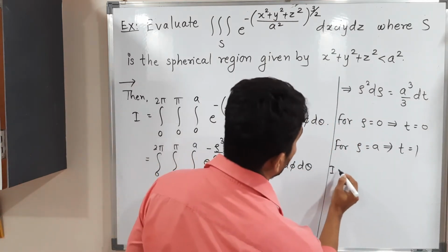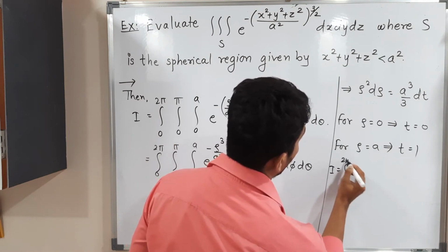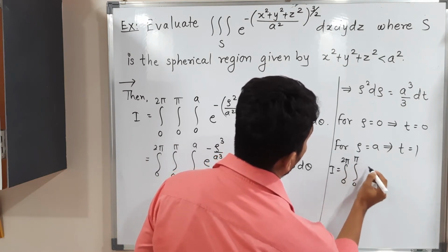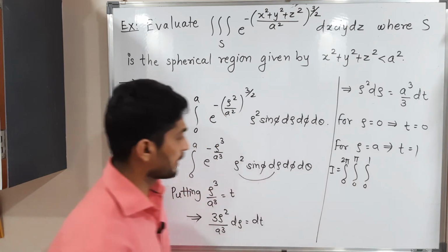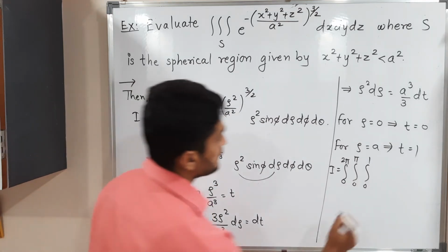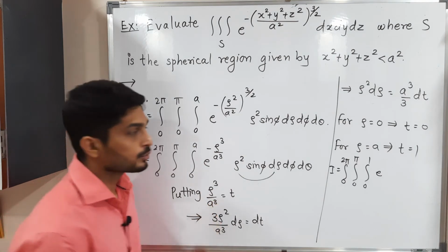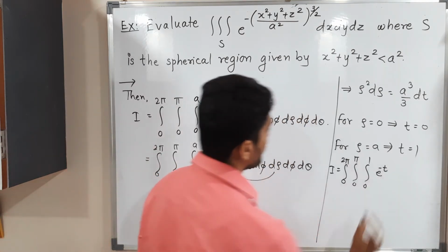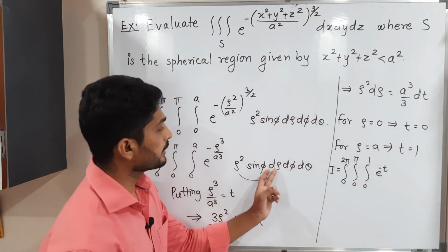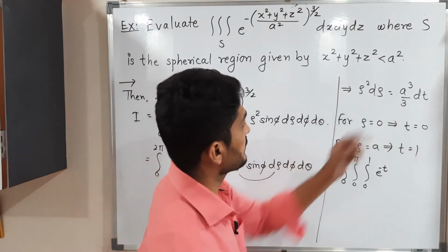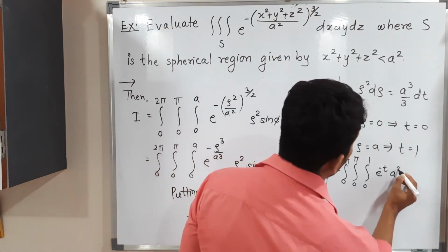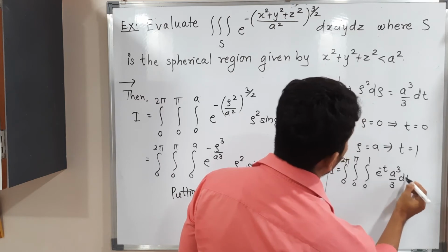So I is equal to integration 0 to 2 pi, integration 0 to pi, new limit 0 to 1. See what will be the changes here? e raised to, this one we have called it as t, so that's why e raised to minus t, right? Rho square and d rho, we are replacing it by a cube by 3 dt, right?